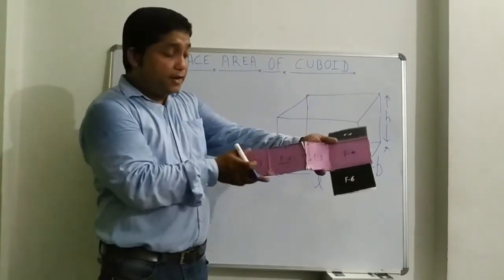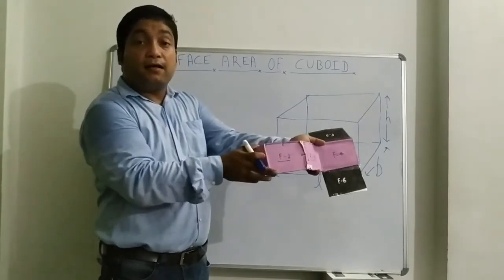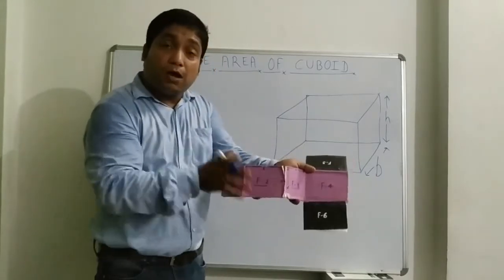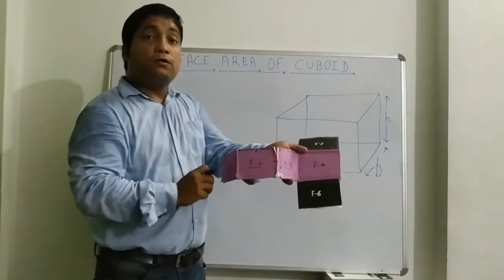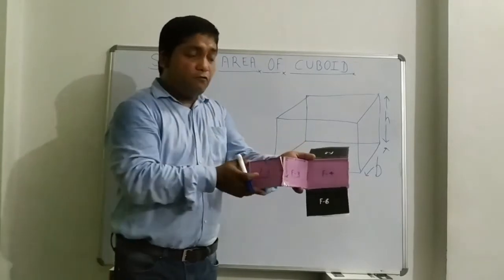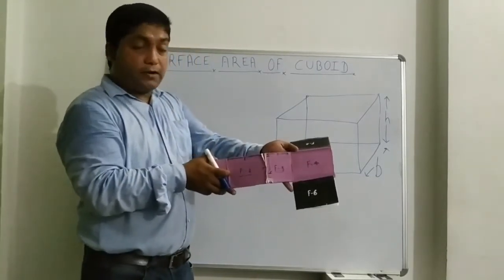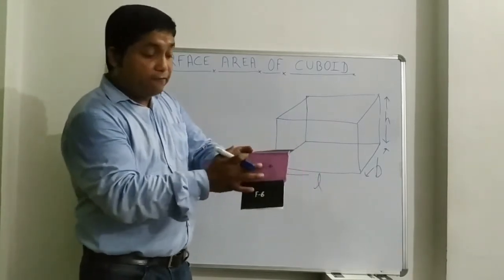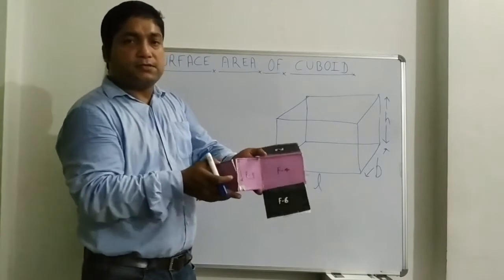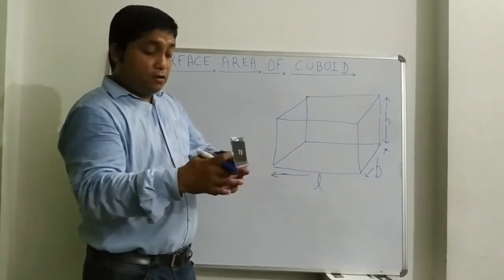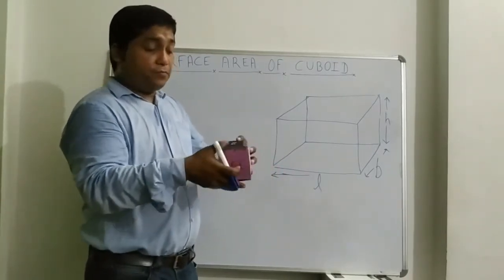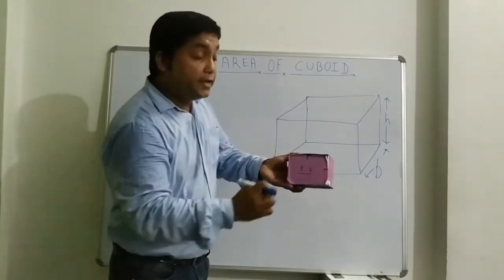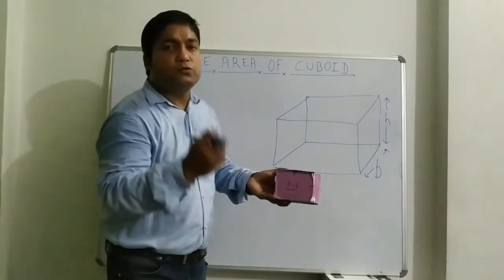And you have seen that these faces are like a rectangle. You already know that the formula of the rectangle is length into breadth. So if we want the surface area of the cuboid, we find the area of F1, F2, F3, F4, F5 and F6. If we want to find the area of F2, what should we do?